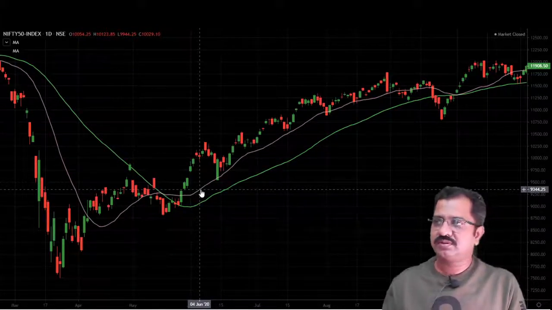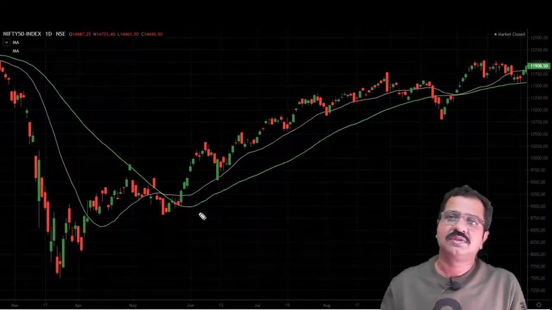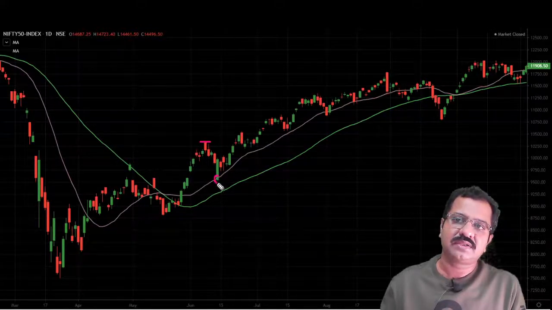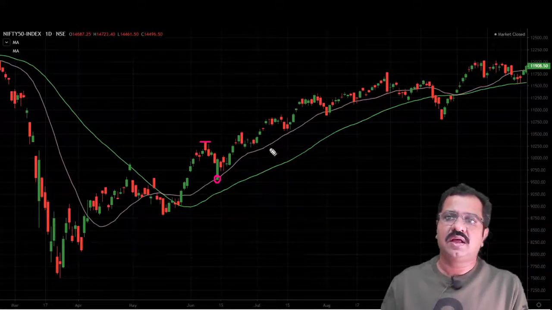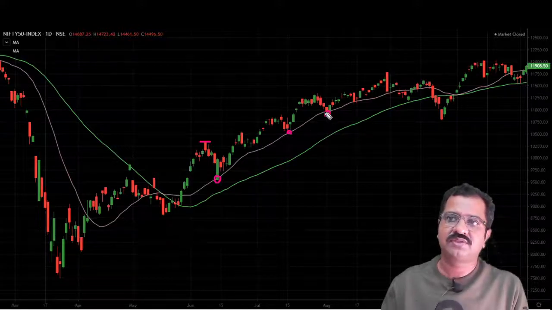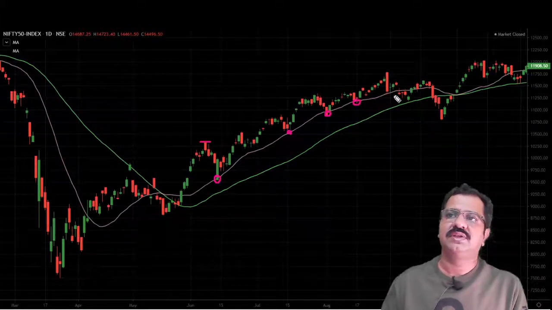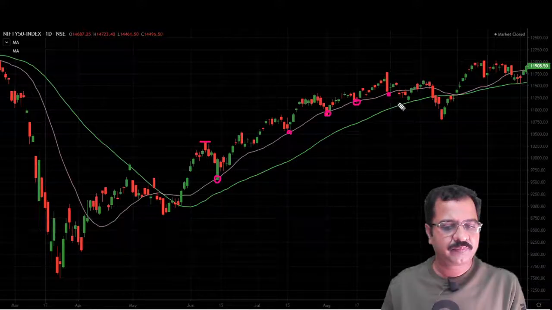You are seeing that price is going up, but when price made this high, it came and touched the 20 moving average. Again price came near the 20 moving average here, again price touched the 20 moving average here, again it touched here somewhere, right?